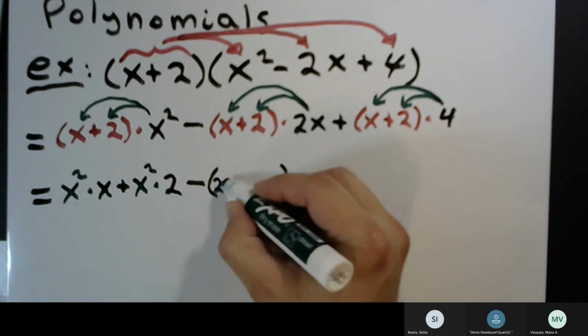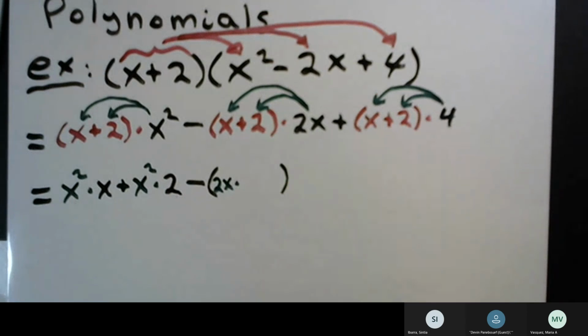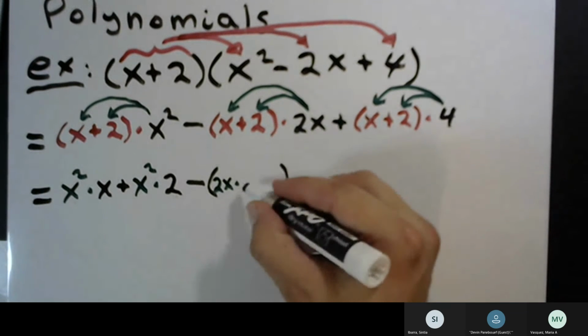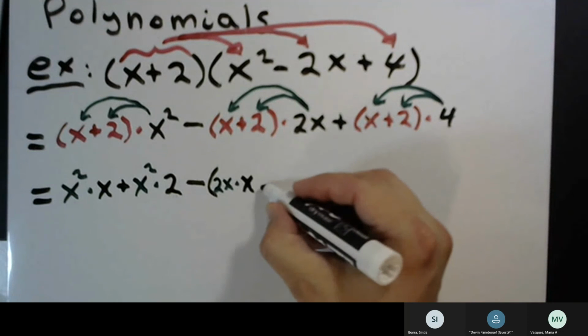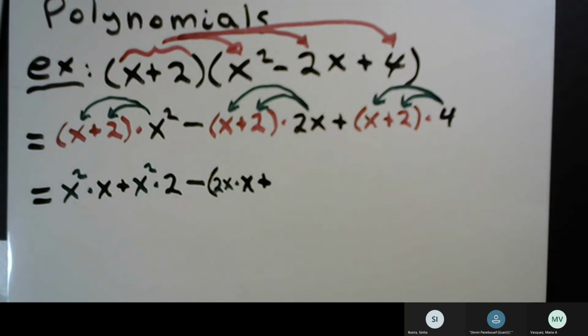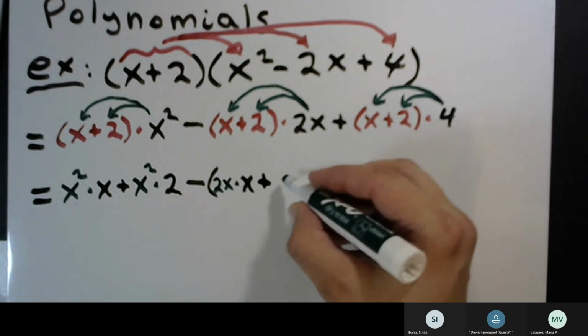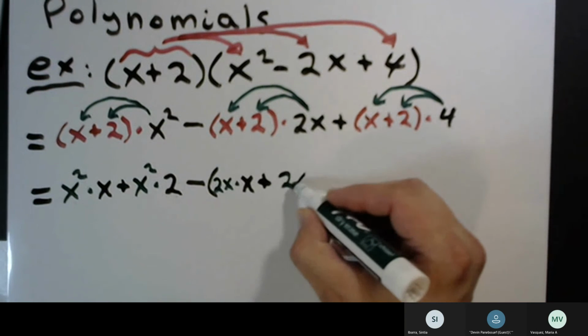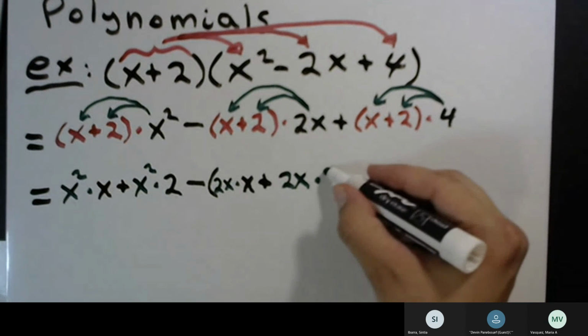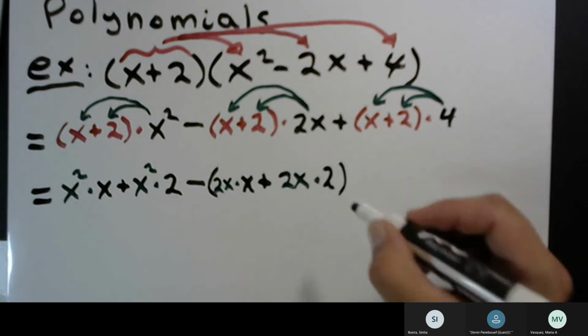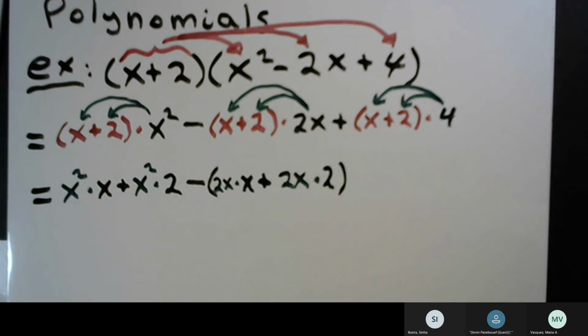This will be 2x times x, plus 2x times 2. So this one's going to get distributed with a minus sign a second time.